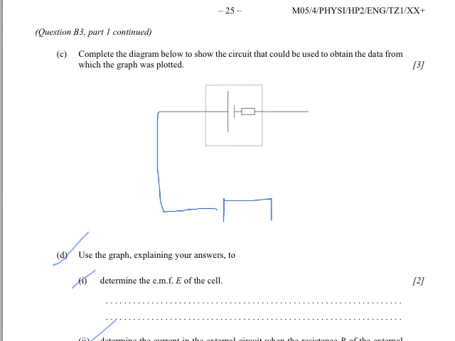So there's our resistor. But we would need to vary the current. So this is our ammeter. Let me sneak it in while I can. You would need to vary the current flowing through, so you would use a variable resistor. And then your voltmeter would be here.